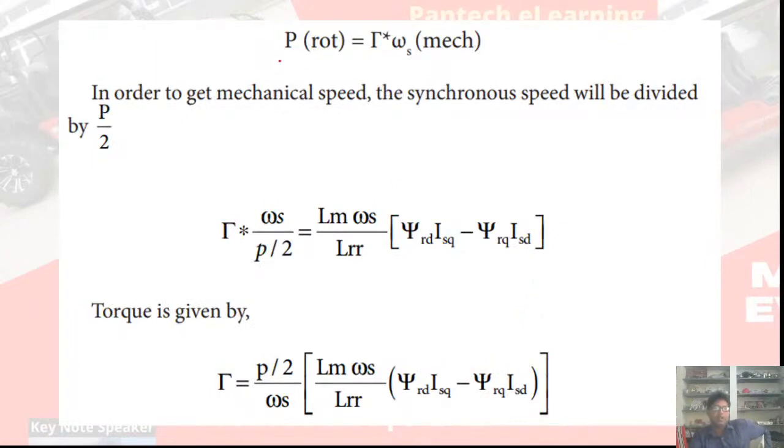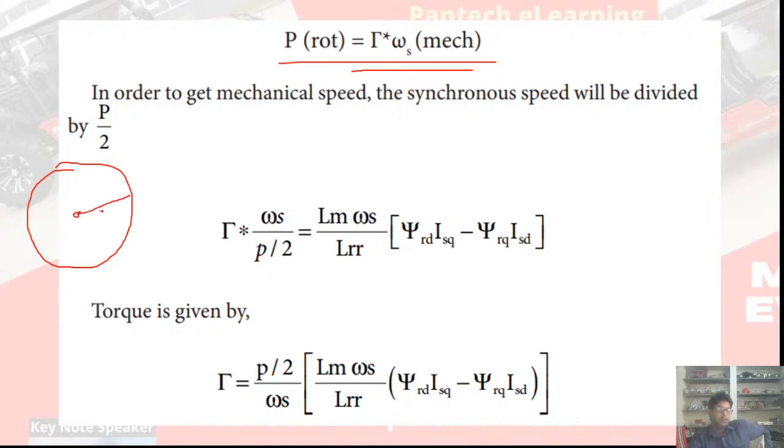Now the rotational power, we should know the basics. Say this is a circle of radius r, and a particle is rotating like this, and this is the theta which is in radian.